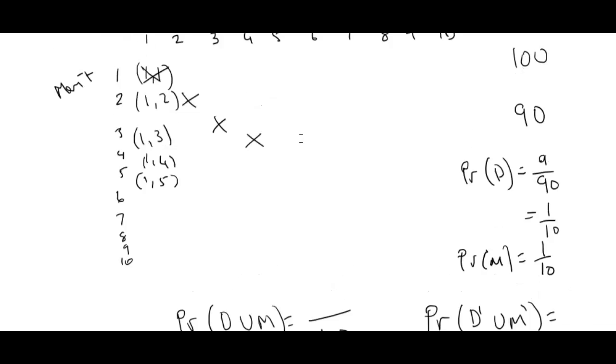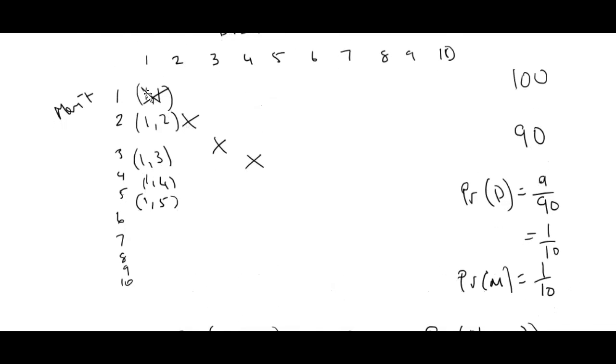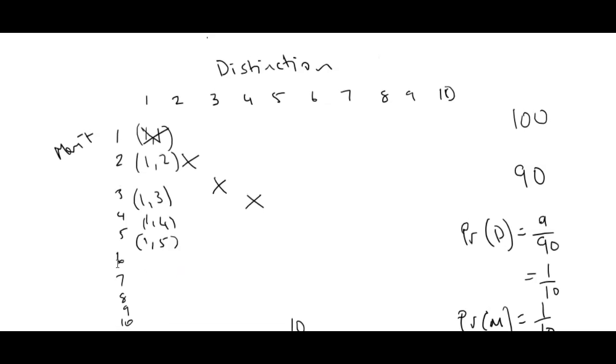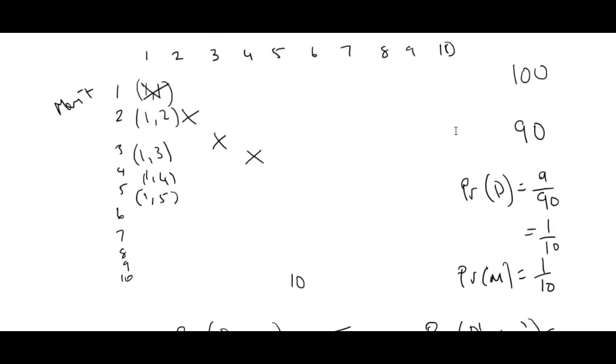So if we look at Mary, if we went down the distinction, there's 10 opportunities that she can get that. So I'm just going to add them up here, 10. And if she got a merit, there's 10 also. So plus 10.